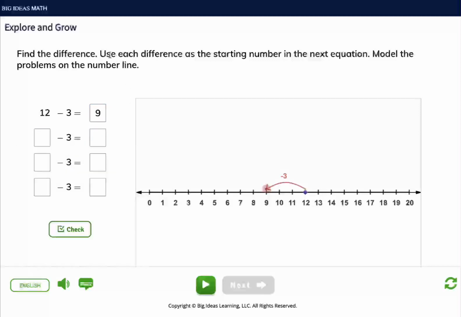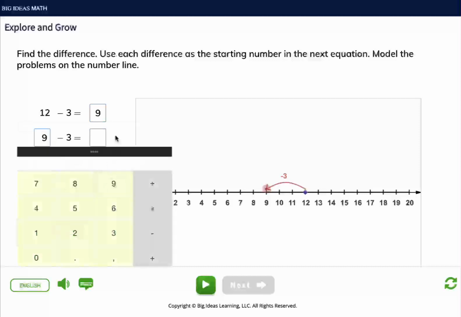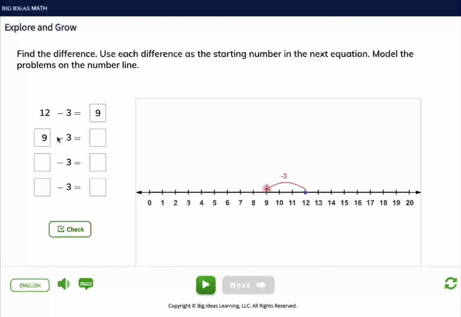And as the question says, use each difference as the starting number in the next equation. So let's do this. We will take the 9 here. We write here 9 and use it as the starting point. So 9 and subtract another 3.